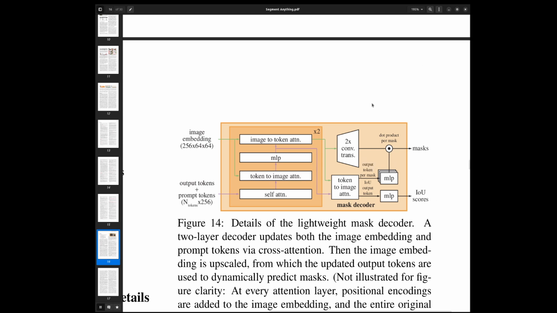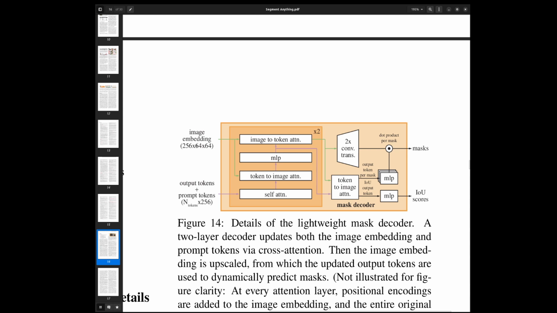To me, I think it's easier if you go from right to left. So try to understand the things that you want to get, and then you navigate back. You want to get a mask, right? So you go here, and from the embeddings you reconvert the embeddings to be a sequence of tokens. So you keep the 256, but you flatten here. Every 64 by 64 becomes a single token, basically.